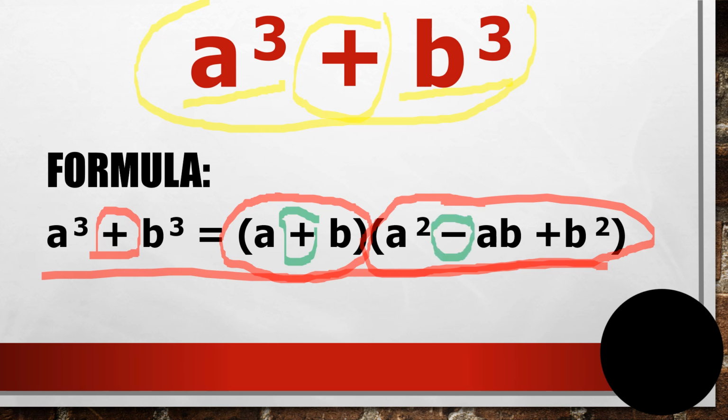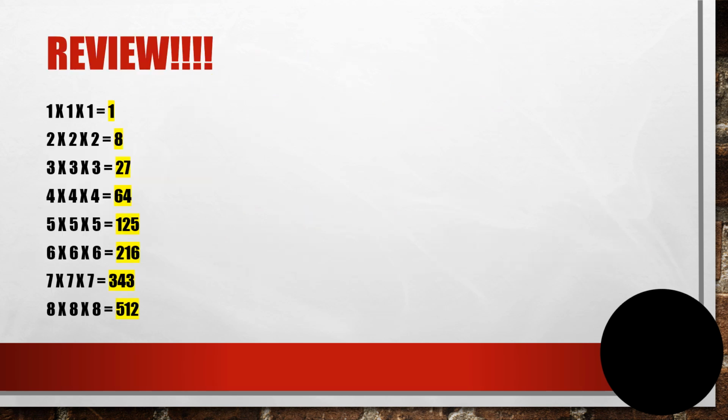Alright. Now, let's have this quick review. If you have 1 multiplied by 1, the result is 1. If you have 2, you multiply it by 2, you get 4, and multiply it by 2, you get 8. Now if you have 3, multiplied by itself 3 times, you get 27.